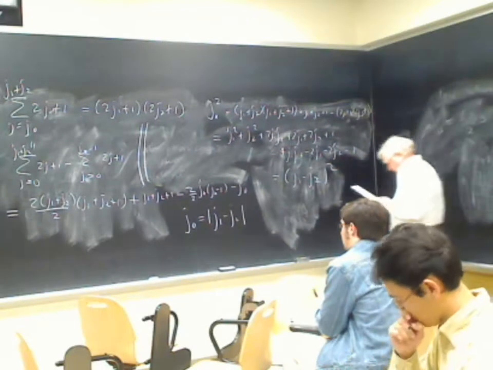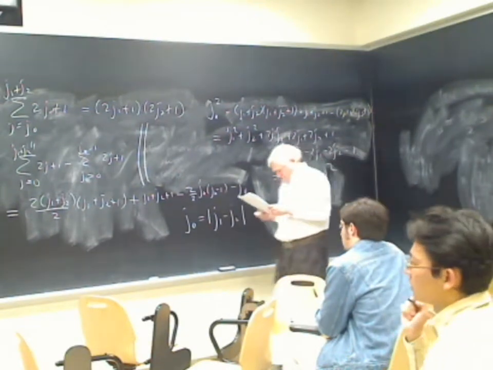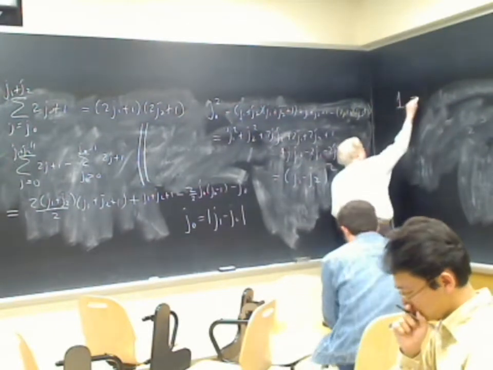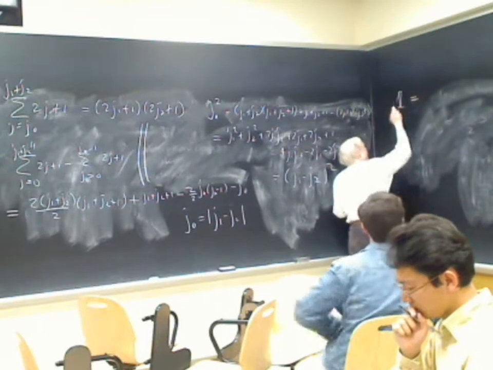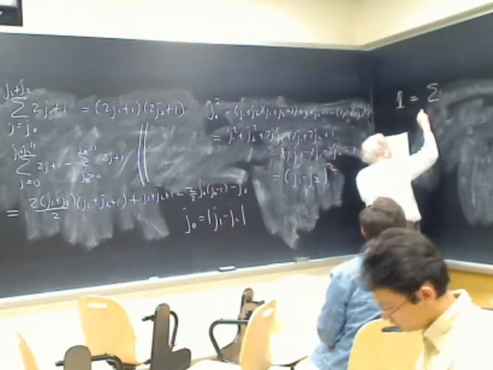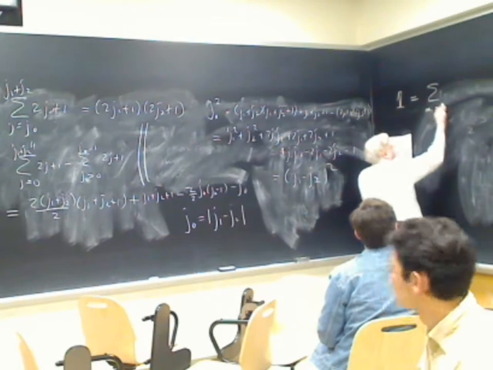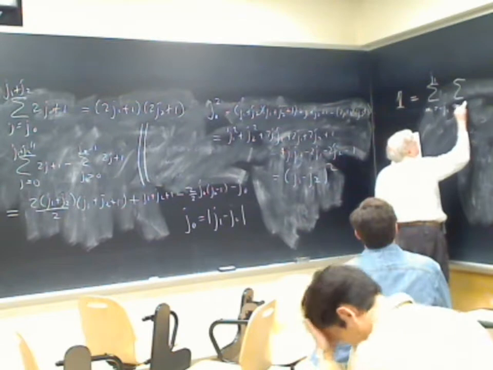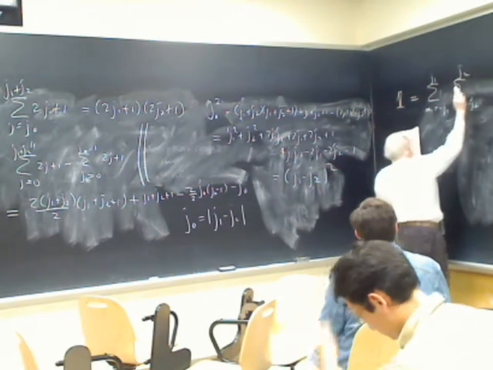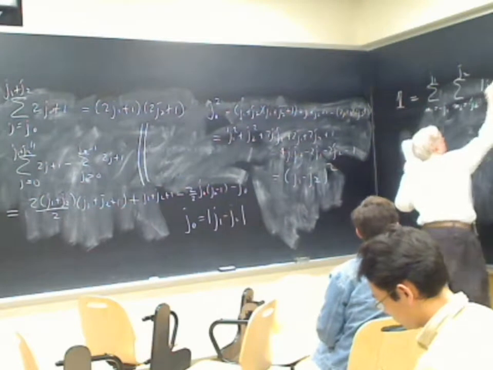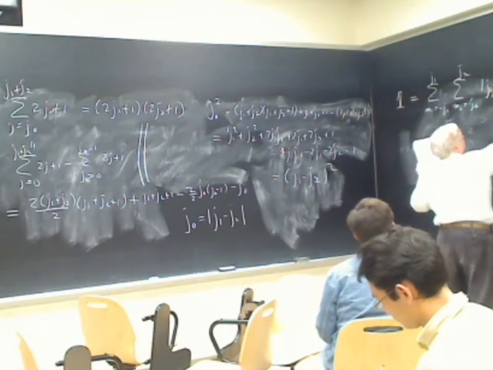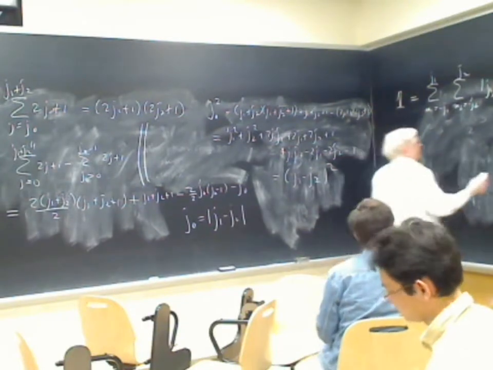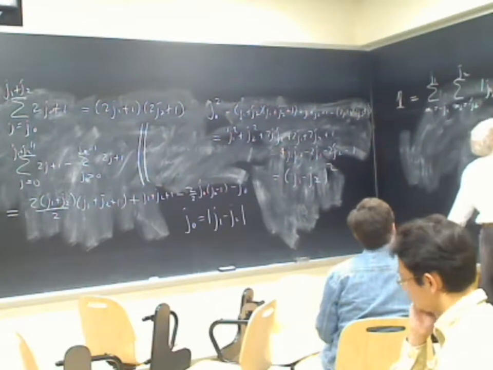All right, now we know that both bases form a resolution of the identity operator. It could be written like that, I guess. Anyway, one is the sum m1 equal to minus j1 to j1, sum m2 equal to minus j2 to j2, of |j1, j2, m1, m2⟩⟨j1, j2, m1, m2|. Oh, that's the conventional notation. Well, let me write it both ways.